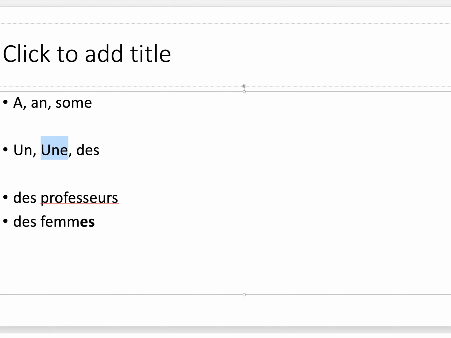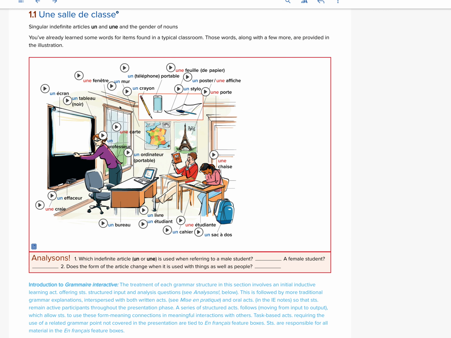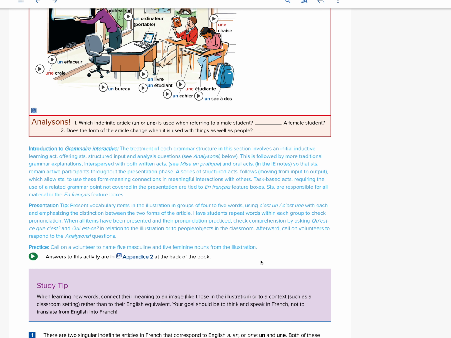And as you see in your textbook, there are many rules to determine the gender of some of these words. But I wanted to also go ahead and do some pronunciation with you on some of these words.